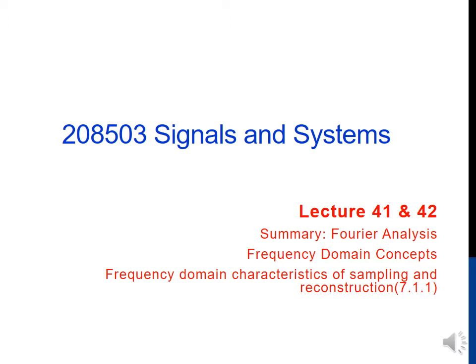So we'll see how we can observe sampling from a frequency domain perspective, as well as when we are outputting the signal from the computer, say. So there's a reconstruction. The signal has to be converted into the analog domain. So reconstruction of the signal from the discrete to analog domain is done through a process known as reconstruction. So we'll be seeing the process of reconstruction from a frequency domain perspective too.